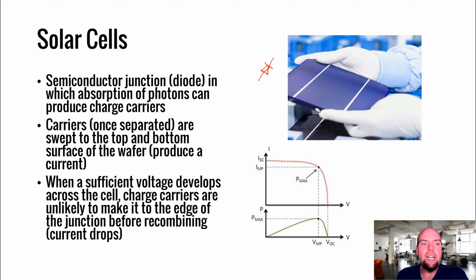It's a semiconductor diode, and the special thing about it is that it is capable of absorbing light, and when it absorbs light, sometimes that absorbed light will generate a conductor. It'll generate an electron hole pair, so an electron and then the absence of an electron.